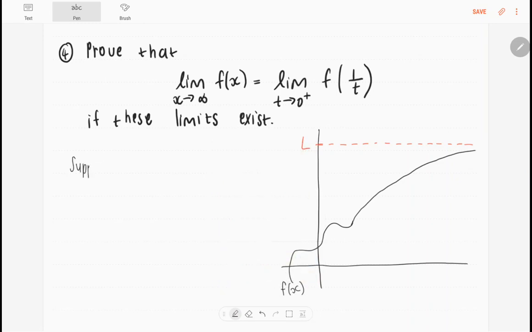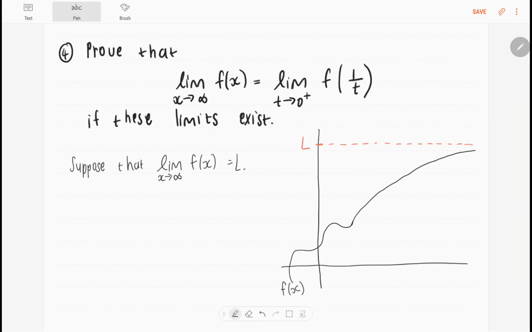suppose that the limit as x approaches infinity of f of x equals L. This is what's shown in this graph here on the right.